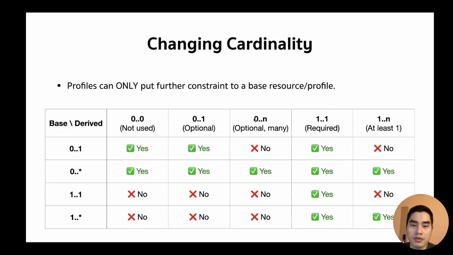From 0..1 to 0..many, of course no, because you are adding elements. That is not possible. 0..1 to 1..1, yes, because you require an element here. 0..1 to 1..n, no, because from one element to n elements, that is not possible.